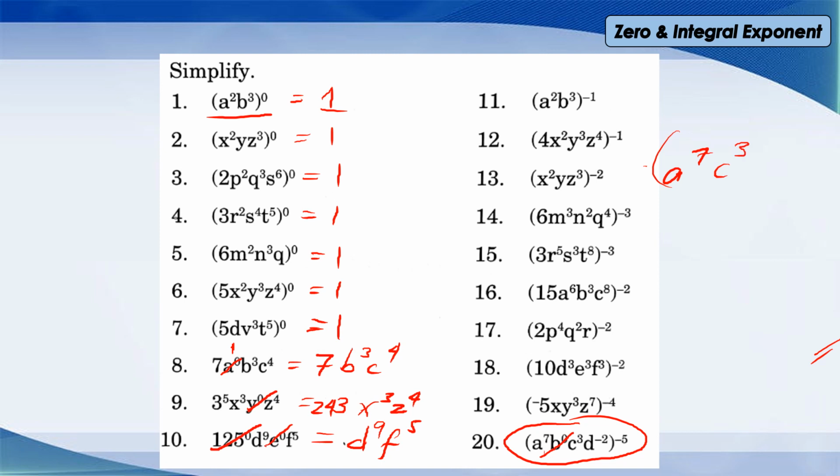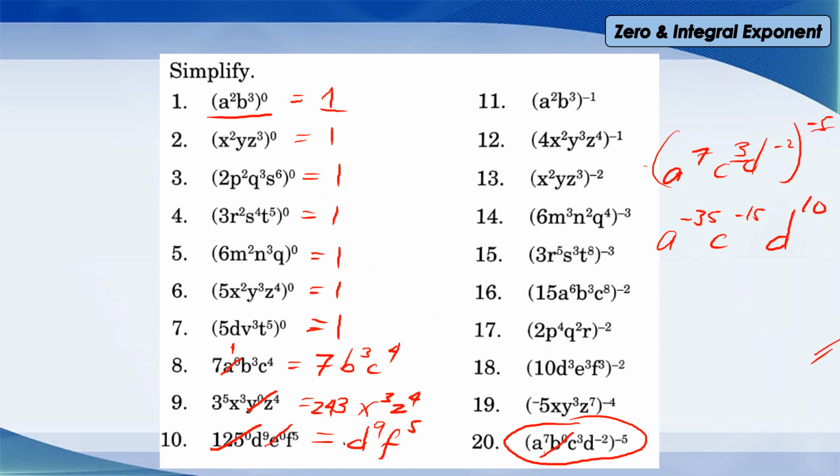C raised to 3, D raised to negative 2, then quantity negative 5. Negative 5 times 7 is A raised to negative 35. Then C raised to negative 15, 3 times 5 is 15. And then D, negative 2 times negative 5, that is positive 10.